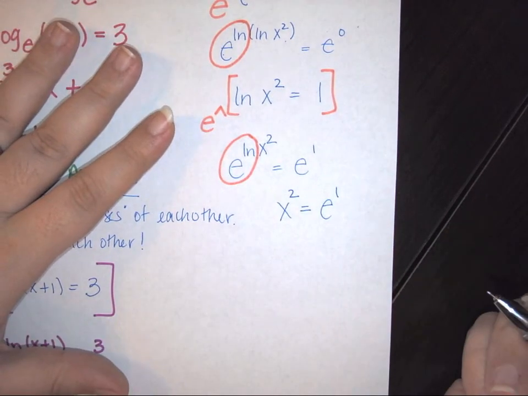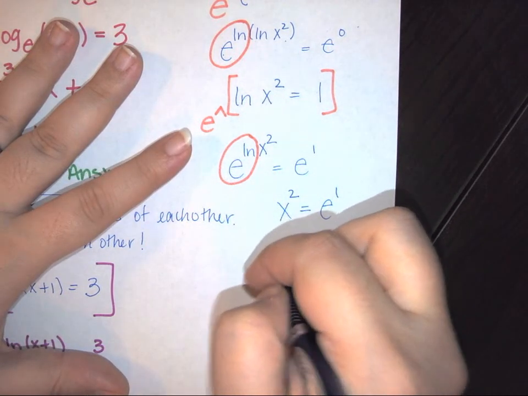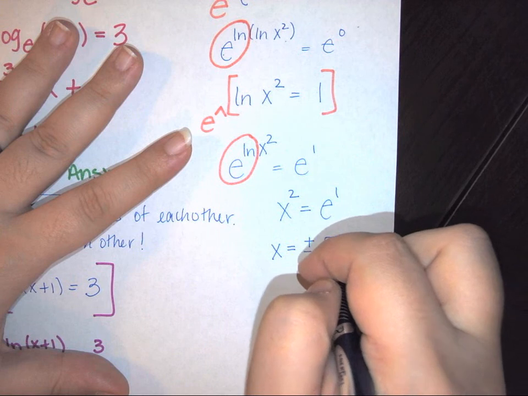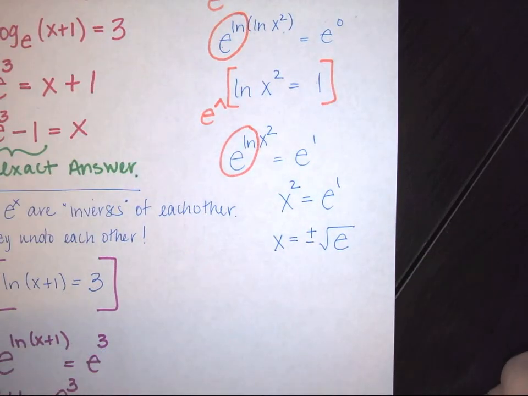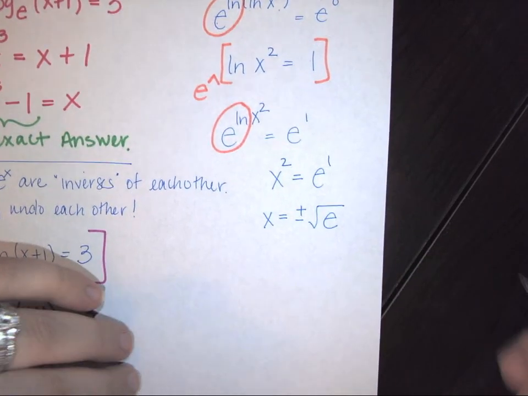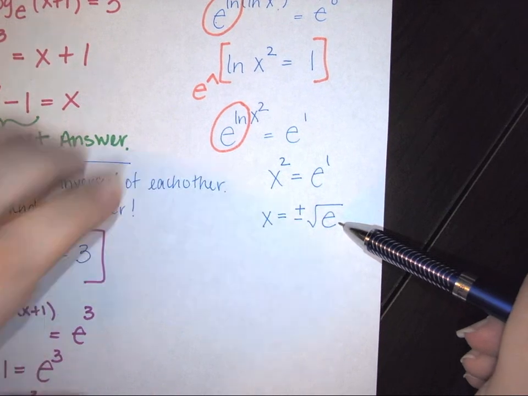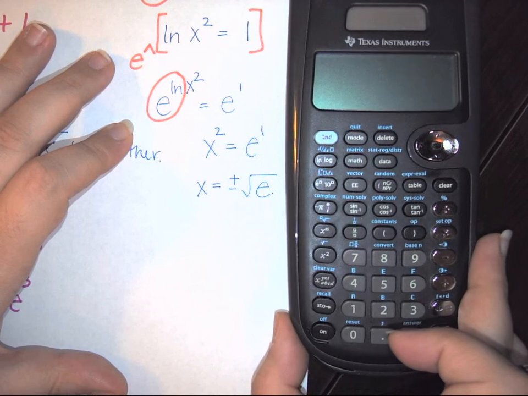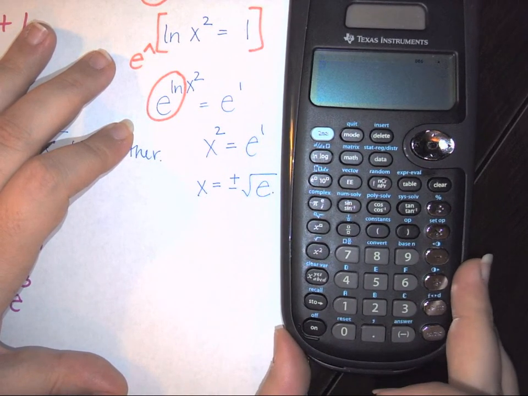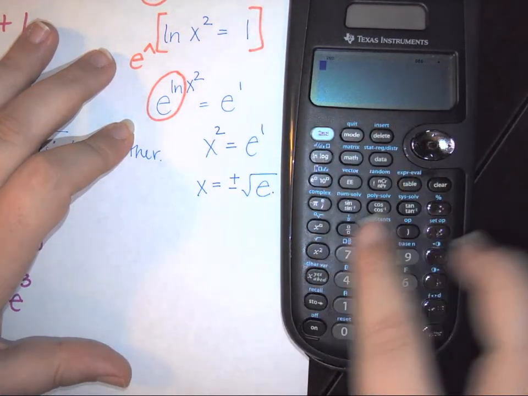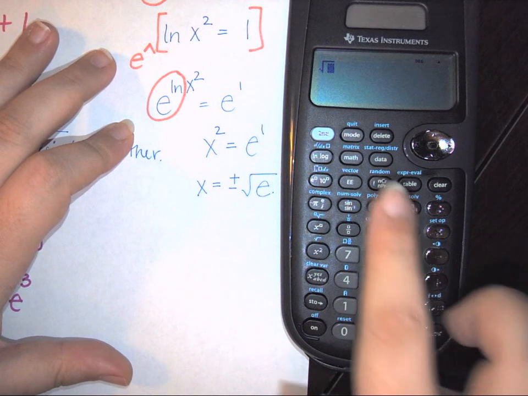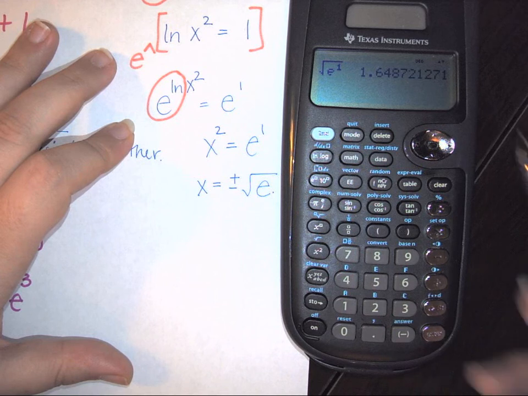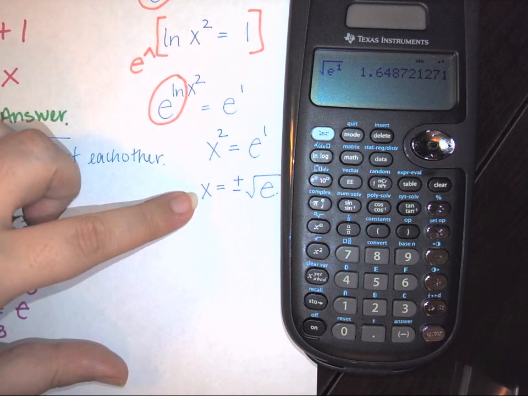I have to take the square root of both sides, so x is going to be plus or minus the square root of e. And again, if you wanted the exact answer, this is what it would be. And if you wanted the decimal, again in your calculator, you would hit your square root button, and then you would hit e, our power is to the first, and hit enter, and that would give you your answer.